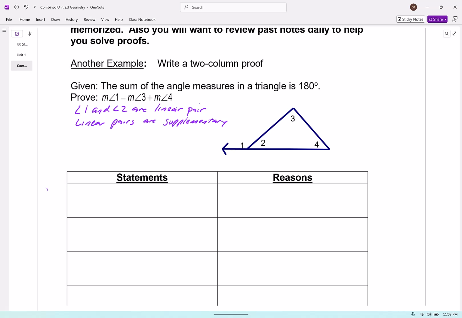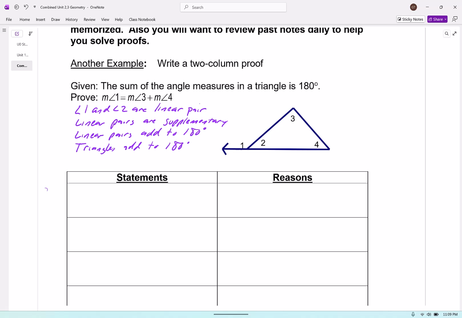So I could even write that: linear pairs add to 180 degrees. Triangles add to 180 degrees. These are just some things I'm observing that might be helpful in my planning. I may use them, I may not. I don't know.